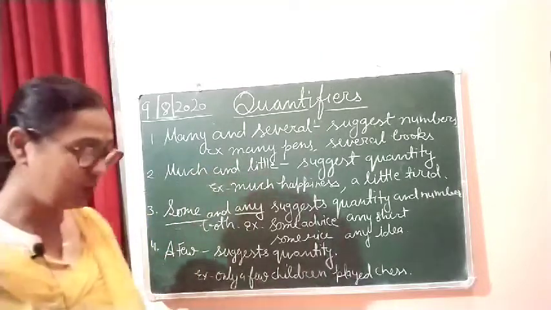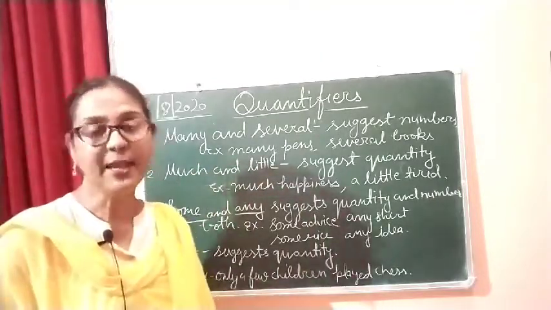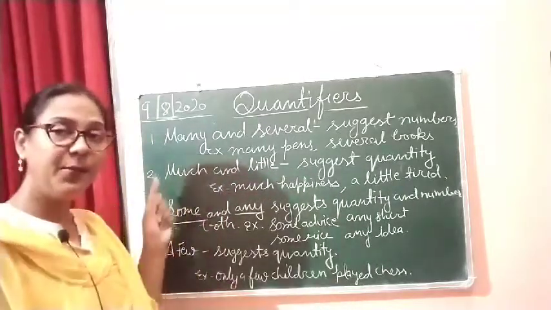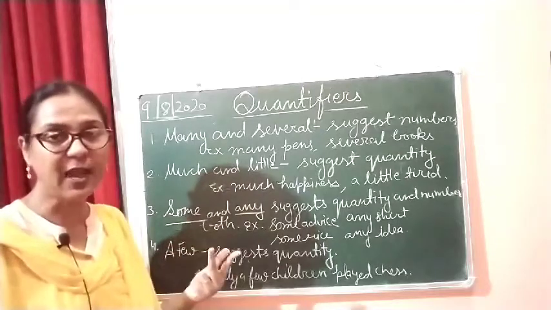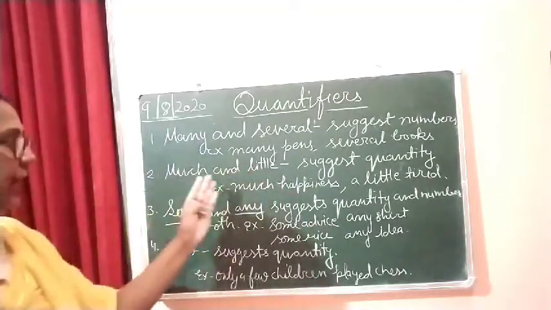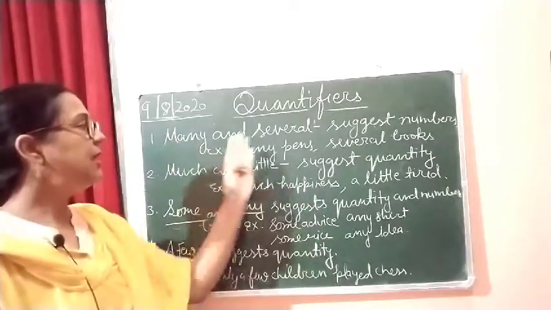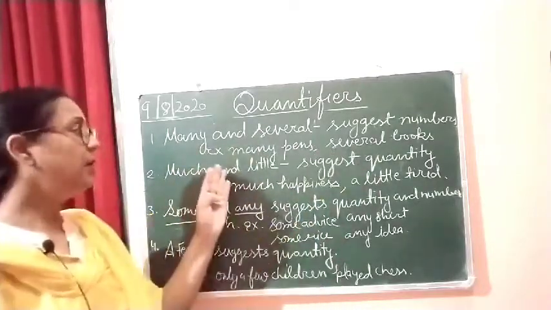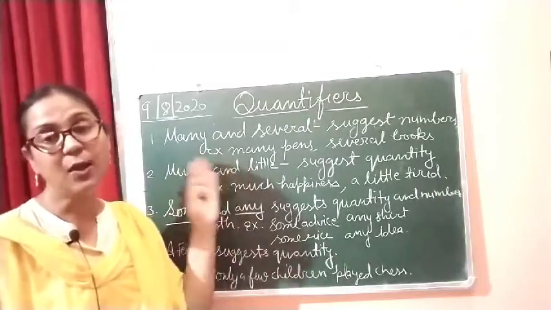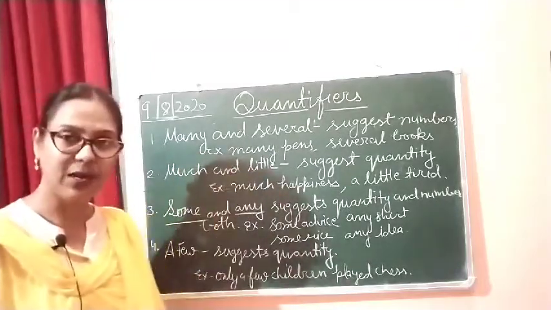Now we are moving to exercises which are given in your Mastering Grammar book on the basis of quantifiers. As we have understood these uses of quantifiers, again I am going to repeat. Many and several suggest only numbers. These are always used with countable nouns.